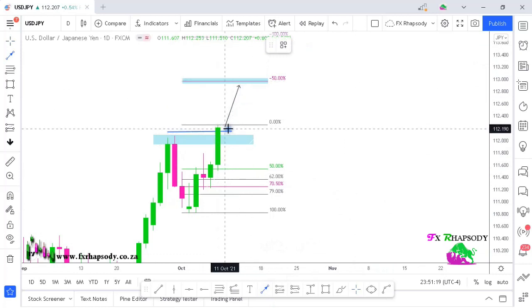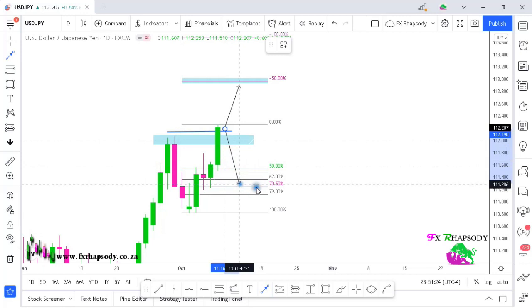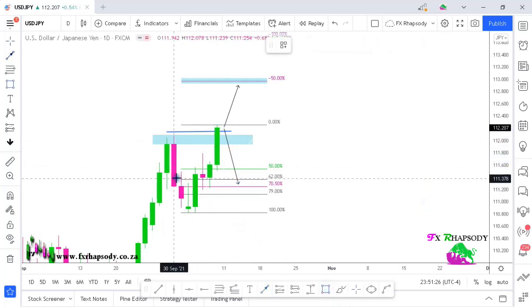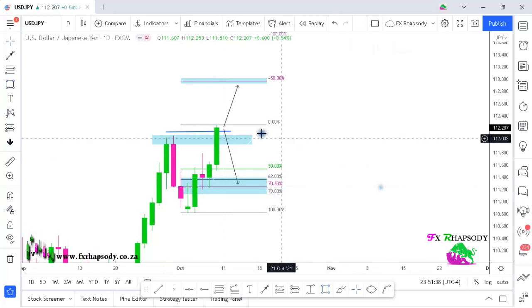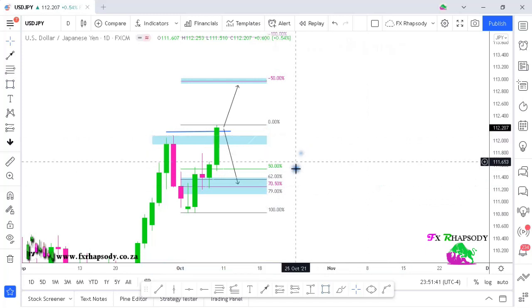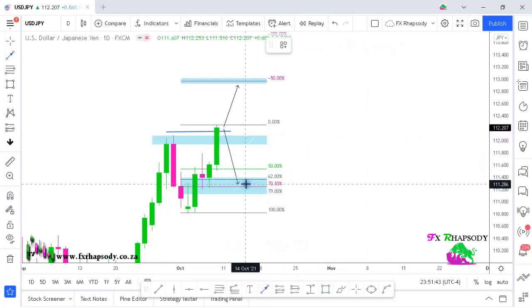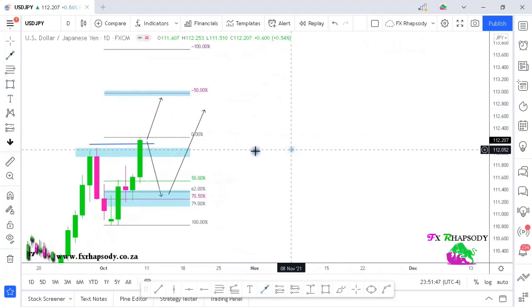And then scenario 2, let's say this is the swing high, and then we would like to see price coming back to this area over here, right around there, to make a nice retracement back and then carry on to the upside. Two scenarios on the UJ.